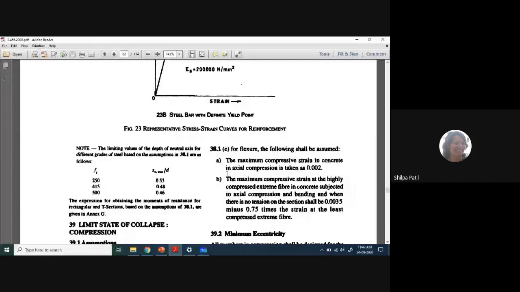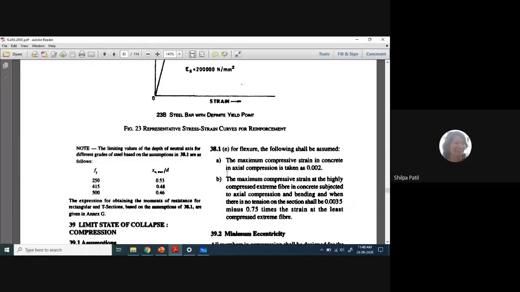It is the same, right? For 250 we calculated 0.53. For 415 we calculated 0.48. For 500 we haven't calculated it last week, but the value is 0.46. So these KU max values, or XU max upon D values, are already given. You can directly take these values for further calculation. Is it clear?